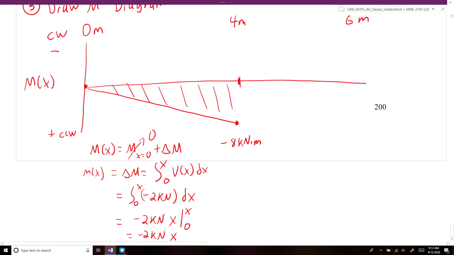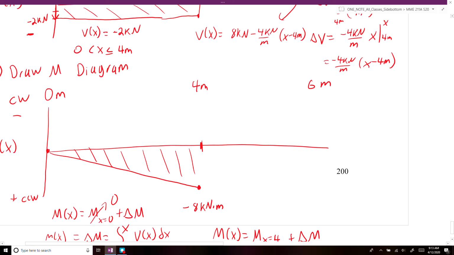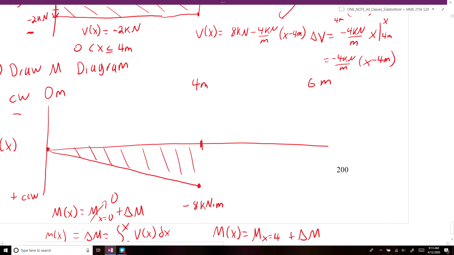And then for the rest of our beam, M of x is going to be equal to our moment at 4 meters. So I'm going to say moment at x equals 4, plus delta M. So we know that M of x will be equal to minus 8 kilonewton meters plus delta M. We know delta M is going to be the integral from 4 meters to x of our V of x that we had earlier.